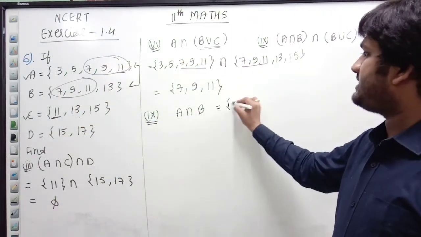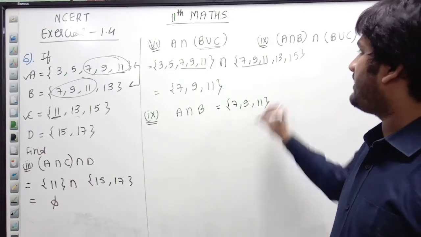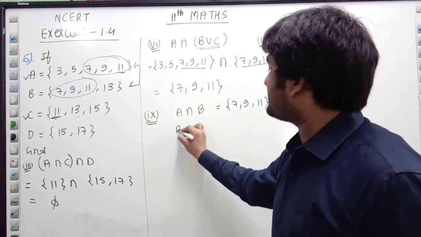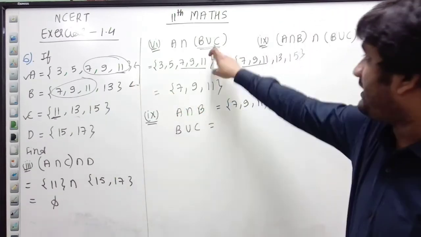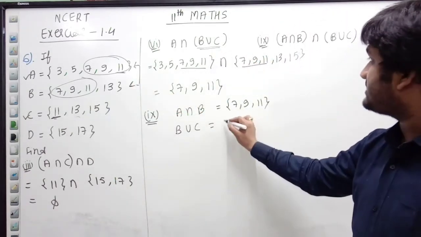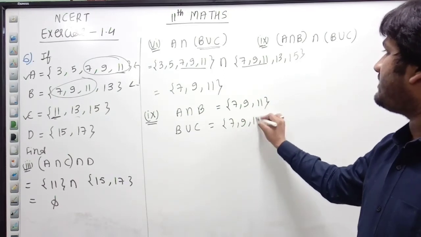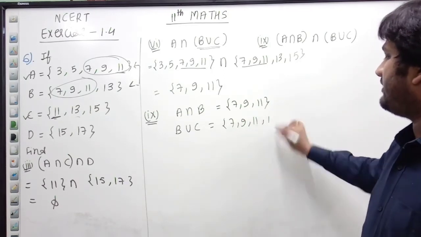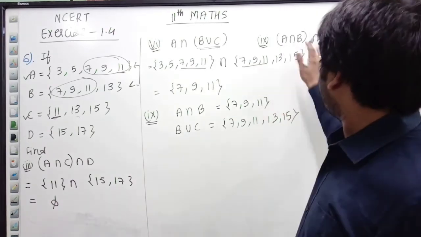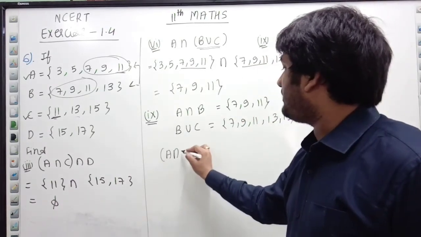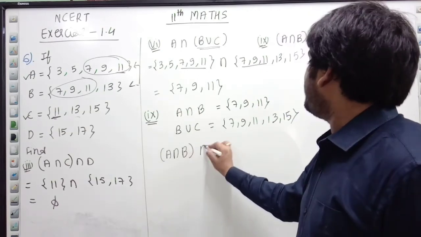A intersection B is 7, 9, 11. What is B union C? B union C means elements of B and C both. We just wrote B union C. This is 7, 9, 11, 13, 15. So now I will apply the intersection sign in between these two.